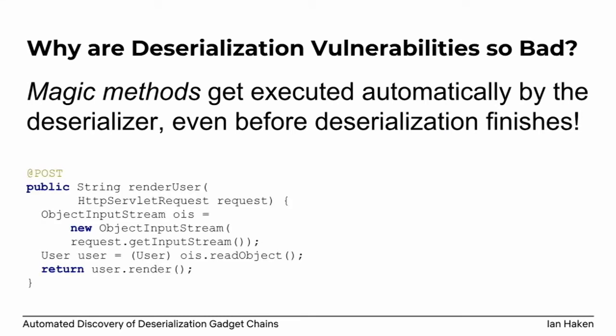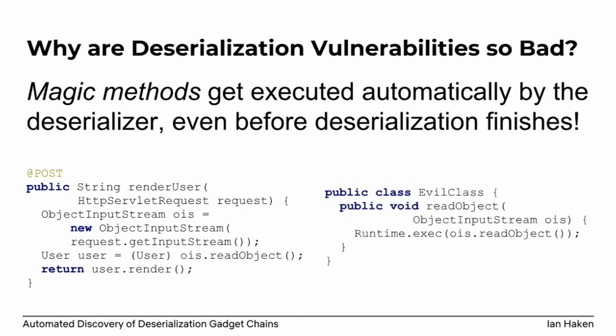So here's another example of that. This is the exact same POST endpoint as before, but let's say you have this evil class that's on your classpath for some reason. This probably doesn't actually exist anywhere, but for the sake of the example, this class implements this readObject method, and that's one of these magic methods that gets automatically invoked. And that's going to read something out of the ObjectInputStream and execute it, so shell out to whatever it read in.